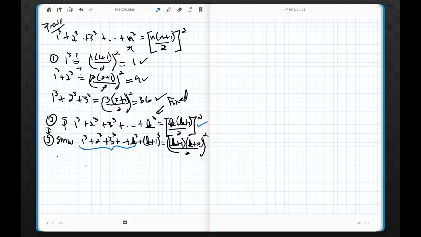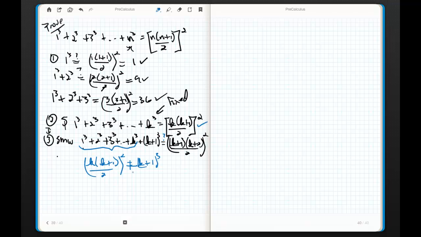So here we go. I'm going to have k times k plus 1 all over 2 squared plus k plus 1 cubed. All right, and then we'll throw a little question mark in here because I don't know if they're equal yet. Okay, so here we go. Same thing.